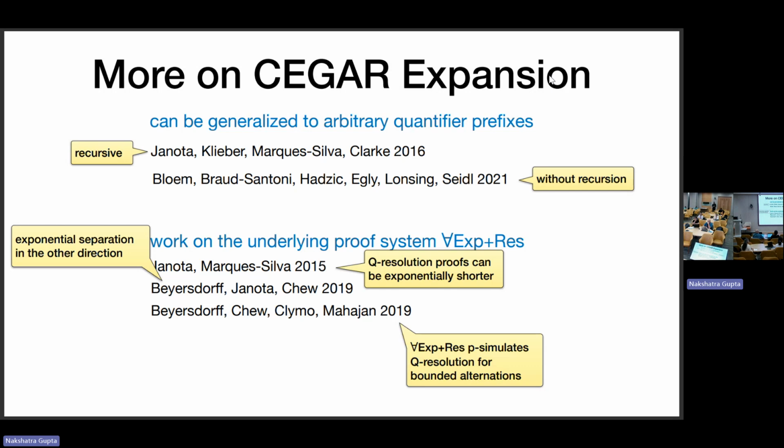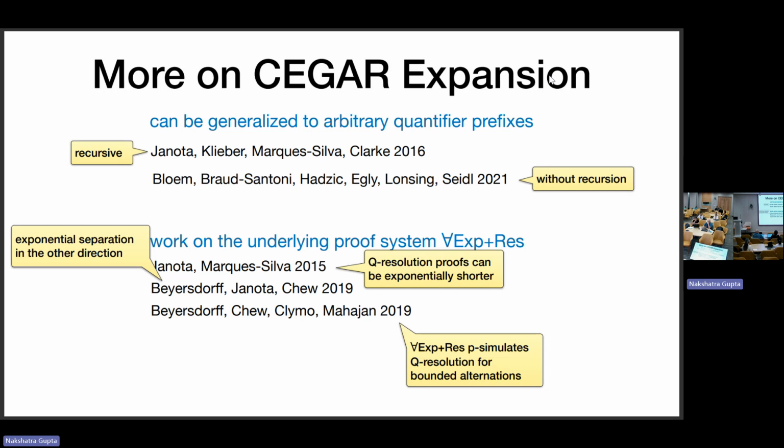What's interesting is that if you have a constant number of quantifier alternations, then in principle CEGAR expansion shouldn't be worse in a proof-theoretic sense than quantified CDCL.